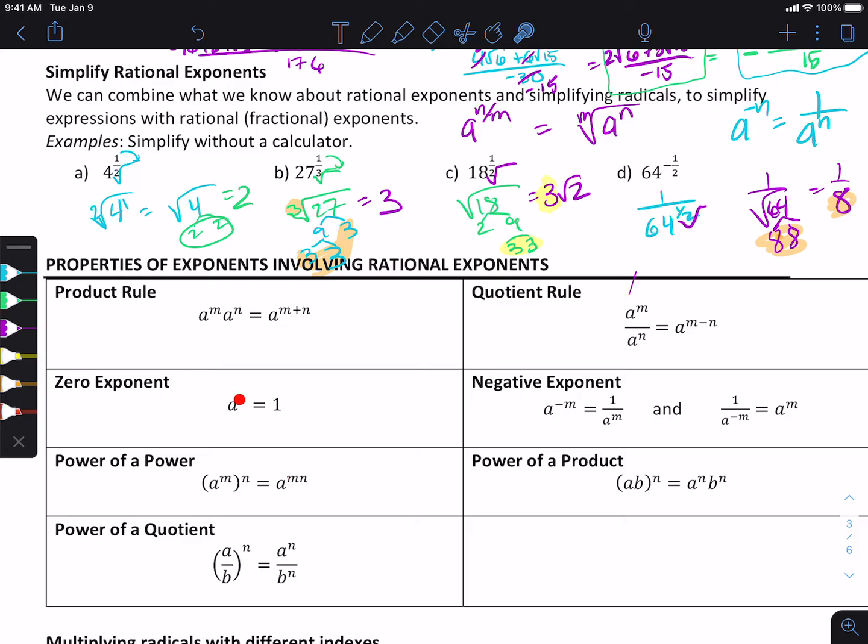And then we also need to remember anything to the 0 power is 1. Our negative exponent moves it to the denominator and makes it positive, or if it's in the denominator and negative, you can move it to the top and make it positive. And then if you're taking a fraction to a power, it's the top to the power and the bottom to the power. And then if you have two things in parentheses being raised to a power, each thing gets raised to the power. Okay.